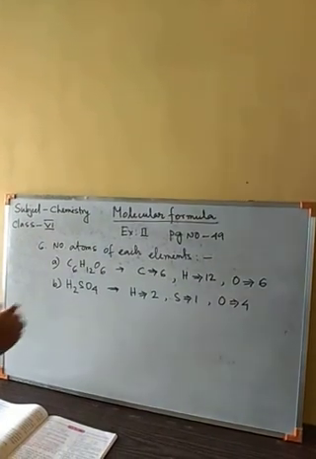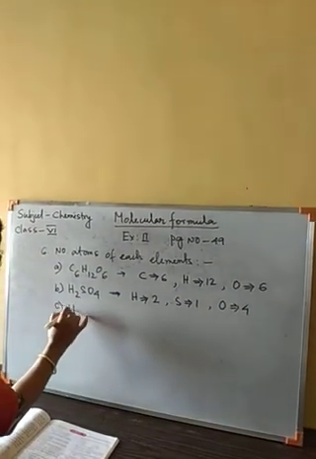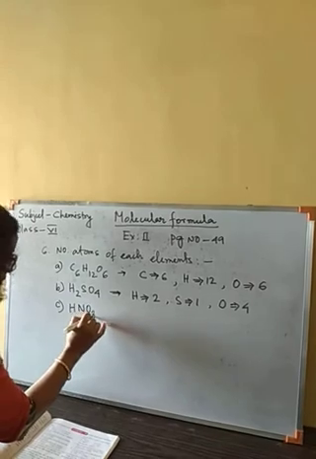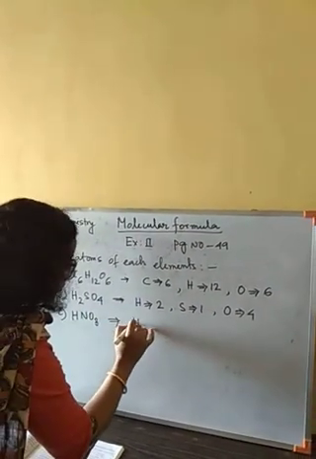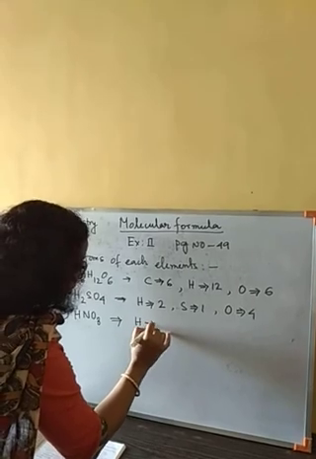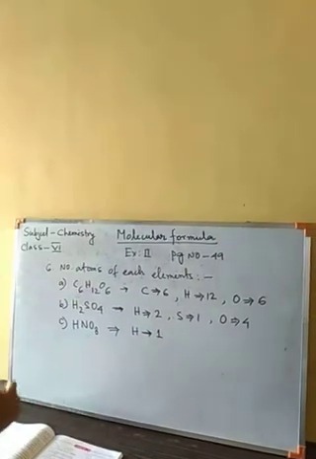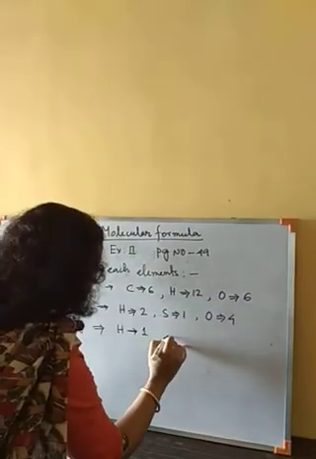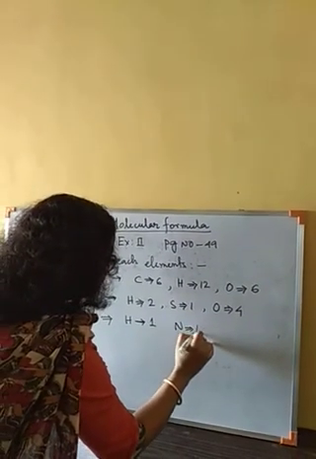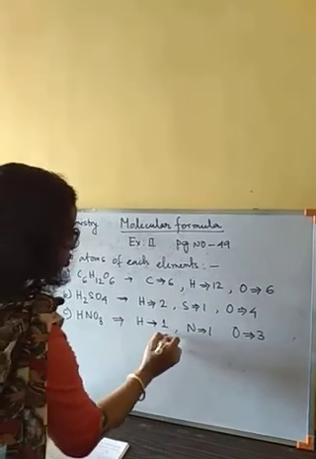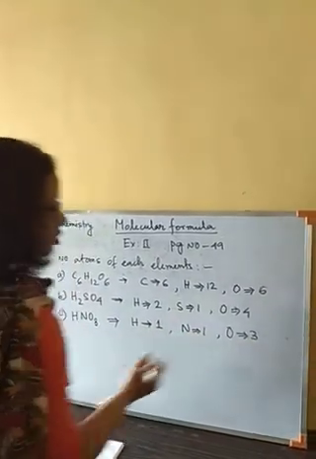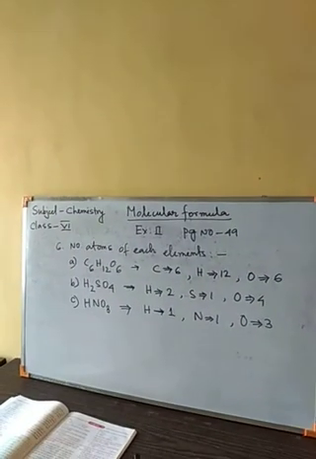Next we have HNO3. This is the formula of nitric acid. 1 hydrogen, 1 nitrogen, and 3 oxygen atoms.